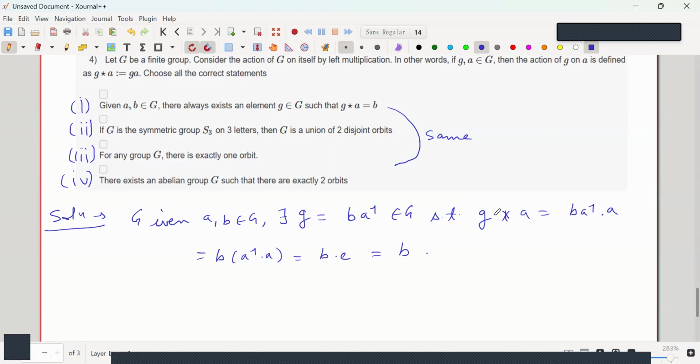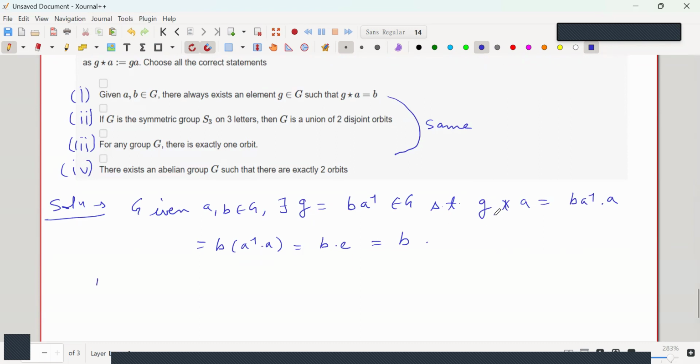So the first one is correct, and similarly the third one is correct, but second and fourth are not correct.